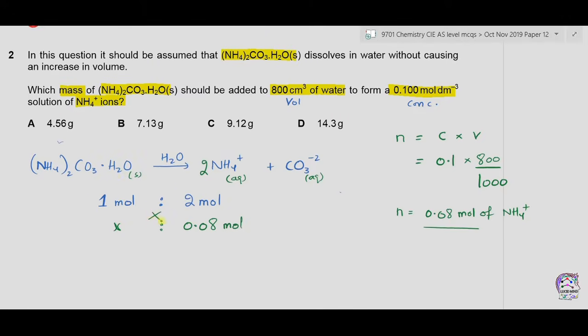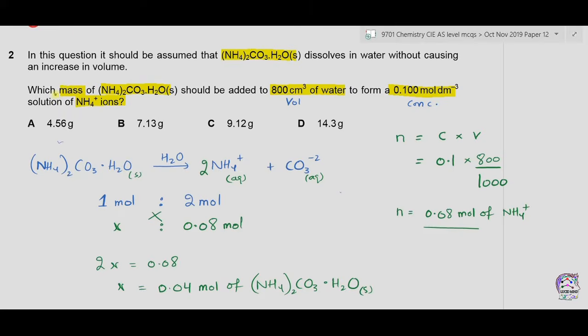Let's cross multiply. So we have 2X is equal to 0.08 or X is equal to 0.04 moles of ammonium carbonate dot H2O.